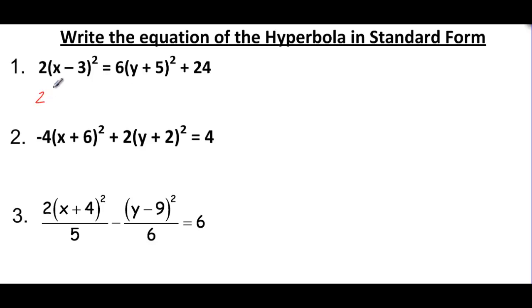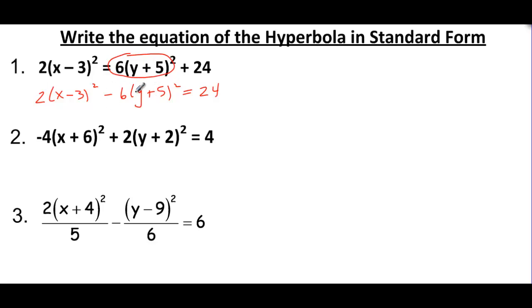So I'm going to have 2 times (x minus 3) quantity squared minus 6 times (y plus 5) quantity squared equal to 24. Now if you notice, when I subtracted this term over, it just became a negative 6 (y plus 5) quantity squared. The y plus 5 didn't become a y minus 5, and a lot of students make that mistake. They change the signs of everything instead of the whole term.